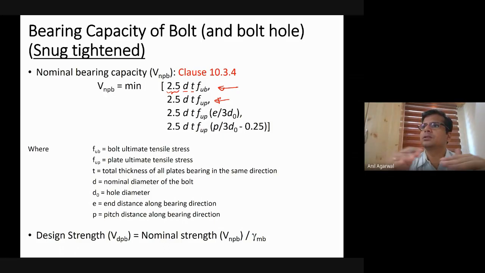Such factors are mostly empirical and do not come directly from theory. A factor of 2.5 probably has some effect of pi included. And then you have 4 different values here: either FUB, FUP, FUP E divided by 3d0, or FUP P divided by 3d0 minus 0.25.